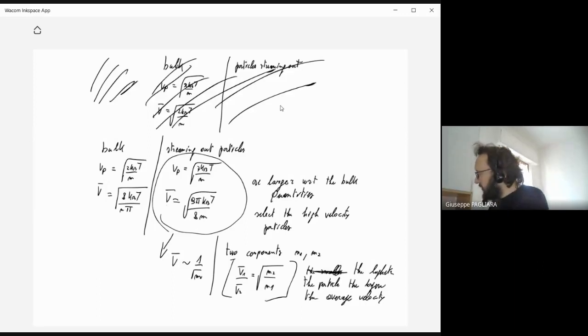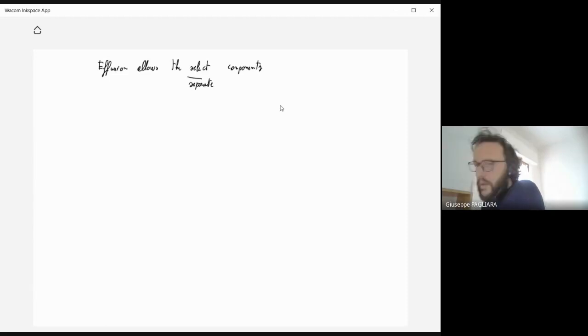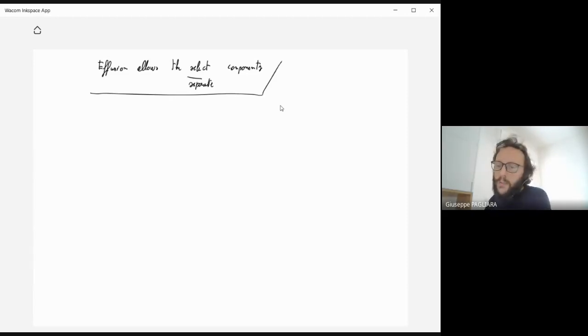So this process, which is effusion, allows to select, or better to say to separate, components by using the hole and the fact that the particles with the smallest mass will have a higher flux, and higher velocity as a consequence.